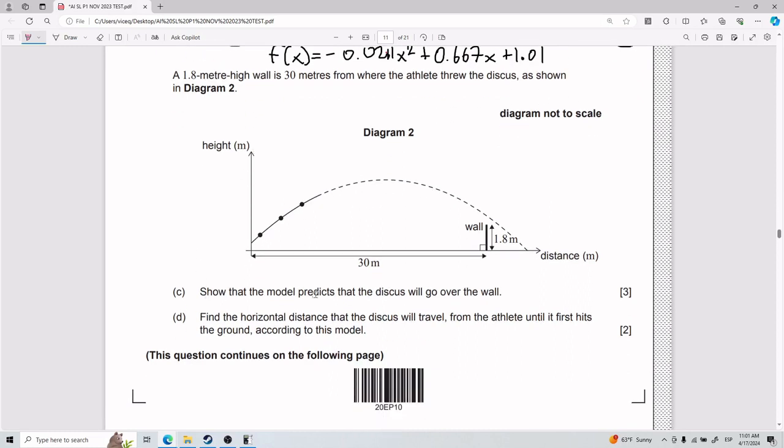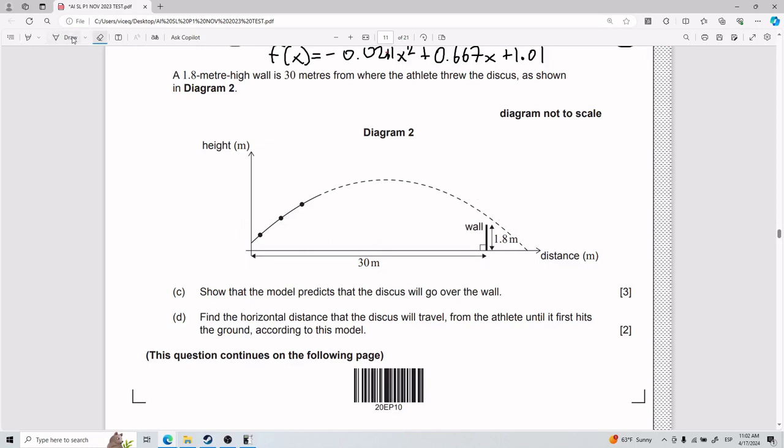And we need to show that the model predicts that the discus will go over the wall. And so from here, you can just say, look at the diagram, it's going to go over the wall. And you're done. Just kidding. I wish it was like that. For part C, we have to do a little bit of critical thinking.